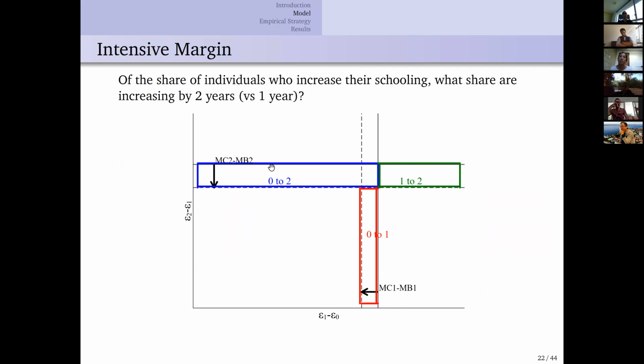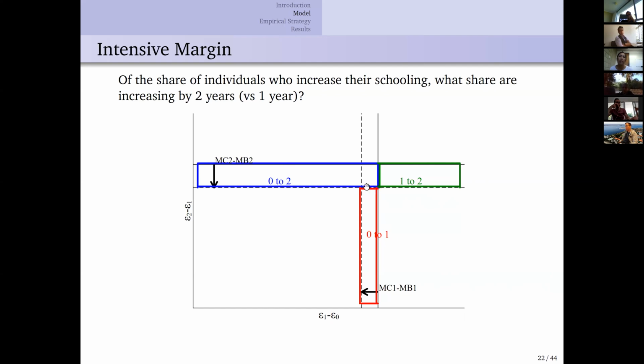This is the original cutoff, which is just a vertical line. And you're assuming that PROGRESA is a subsidy of X pesos, and that will shift the marginal cost line down for everyone in the same way. So then in that case, the height of the red rectangle will also be the same.